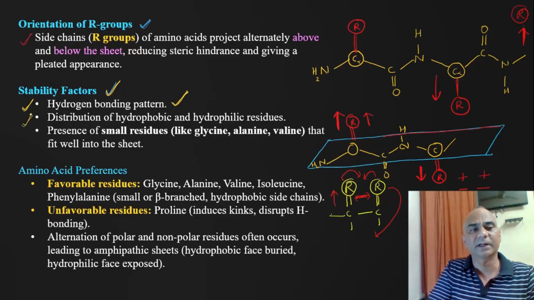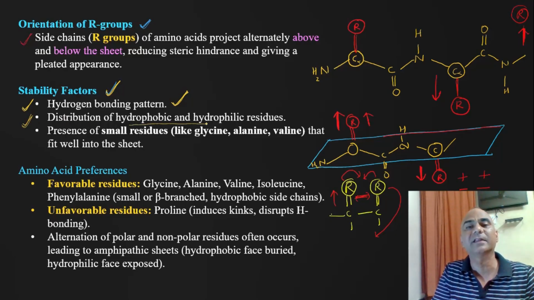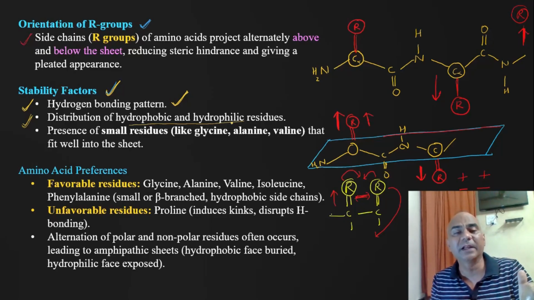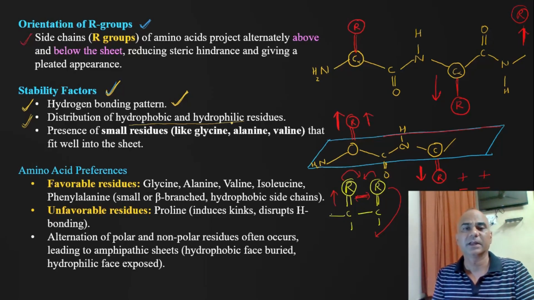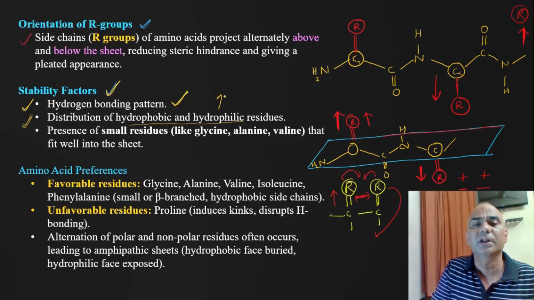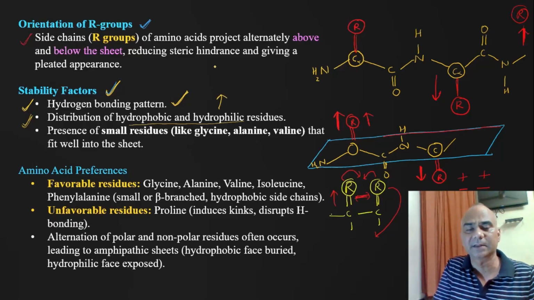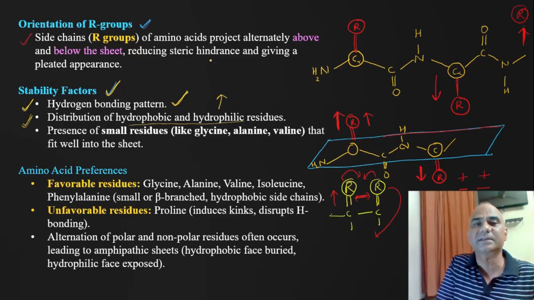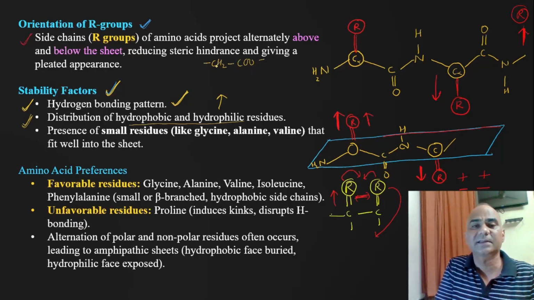And another important factor is the distribution of hydrophobic and hydrophilic residues. What is meant by hydrophilic residues? The amino acids which have a charged alkyl group, like aspartic acid and glutamic acid. In my previous video, I have already explained the hydrophilic and hydrophobic amino acids.